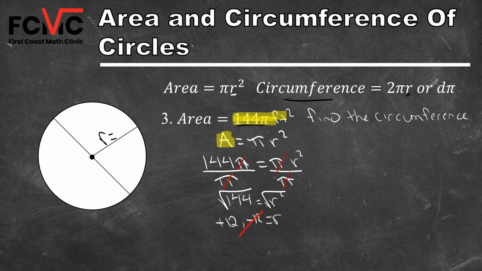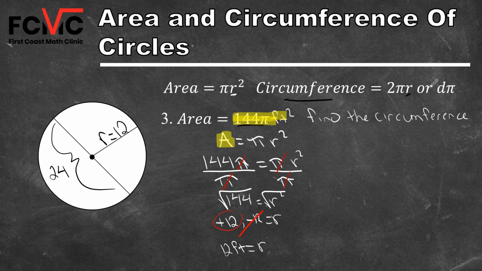It's got to be a positive answer. So our radius has to be positive 12, meaning our diameter has to be twice that, 24. So we figured out our radius. Radius is equal to 12, and our unit is feet, so 12 feet.